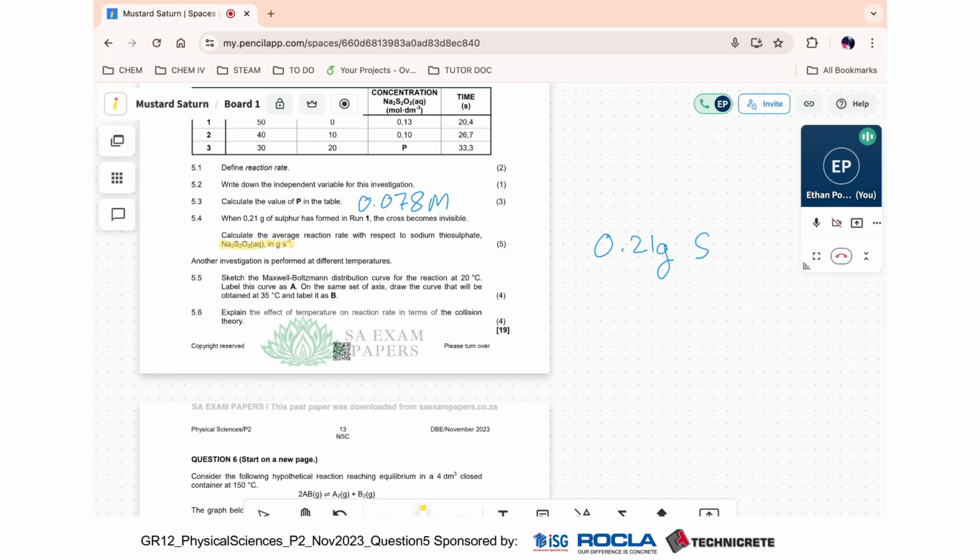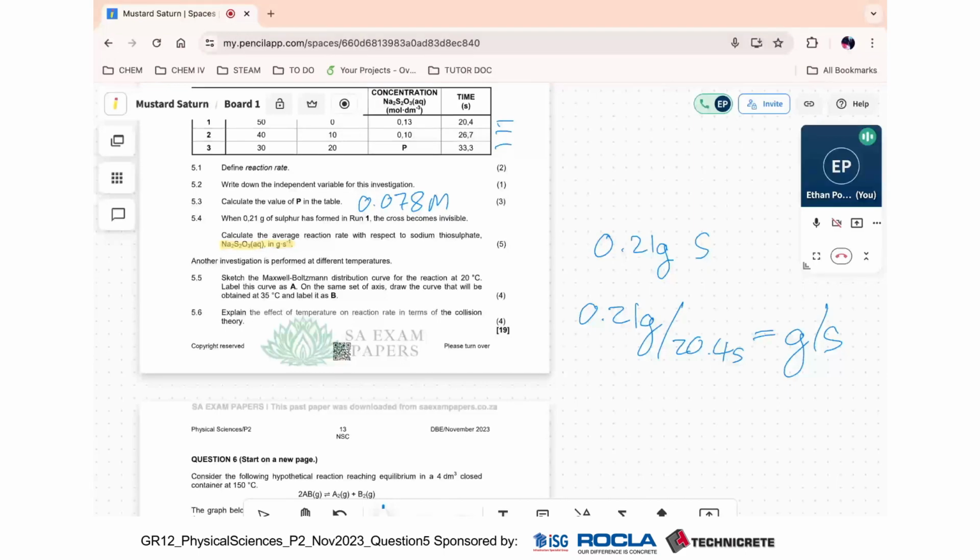So if we were to calculate the reaction rate with respect to our product, they've already given us enough information to just say 0.21 grams of sulfur, and then the time given for, let's say, run 1, 20.4 seconds, and that'll give us a rate in grams per second. And then you can just do it for all 3 runs and get the average.